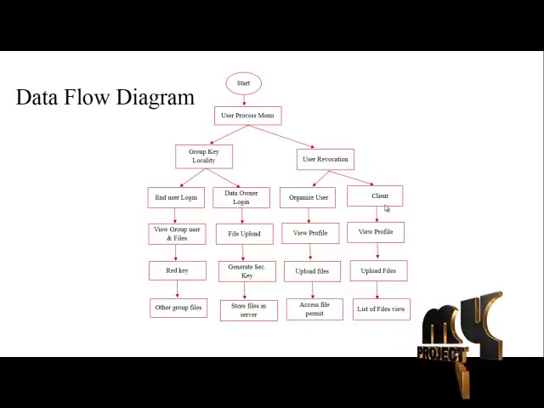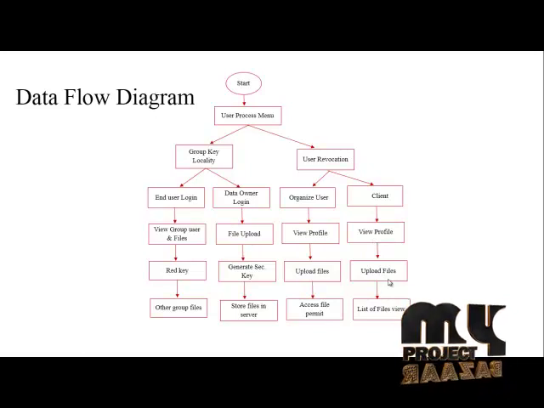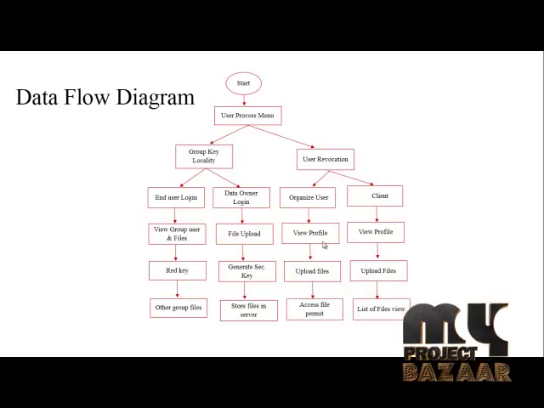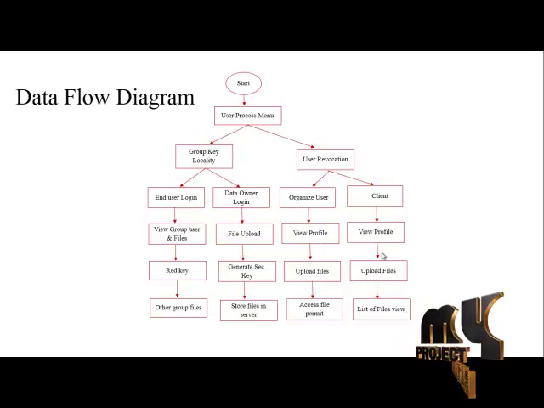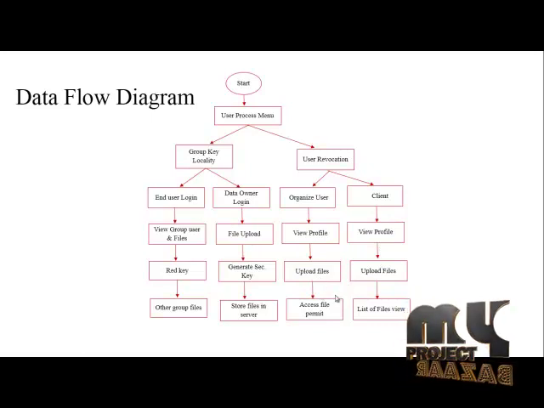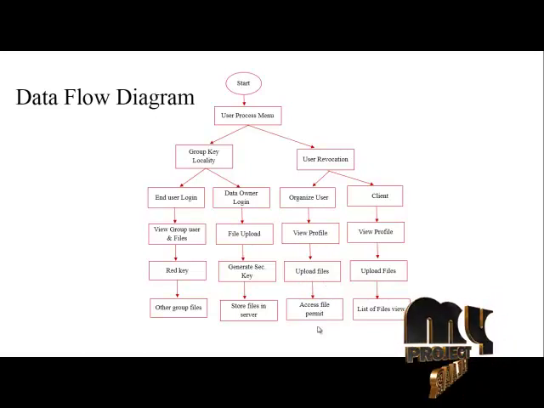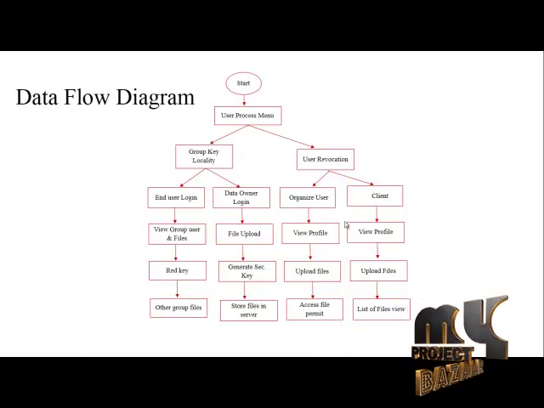The client views the profile and the list of files, and the organized user has the same profile viewing process. When the client uploads a file, the access permission is set for the organized user. Next is downloading files. This is the data flow diagram for the NPP, new privacy preserving public auditing scheme for cloud data storage.